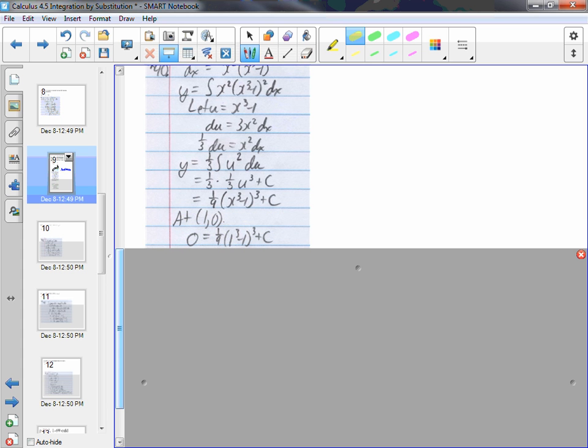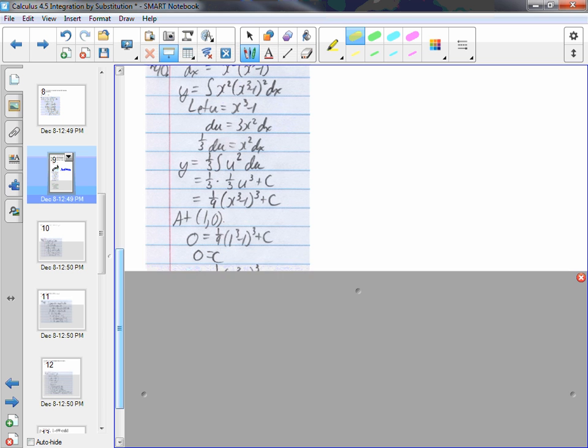instead of y equals, it's now 0 equals, because I replaced the variable y with the y coordinate, 1/9, and inside the parentheses, instead of that being x cubed minus 1, it's 1 cubed minus 1, because I replaced the letter x with the x coordinate. Well, that gives us a 0 inside the parentheses. When I cube 0, I get 0. 1/9 times 0 is 0. 0 plus c is c.